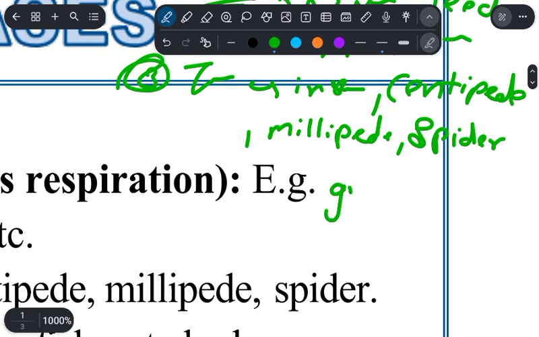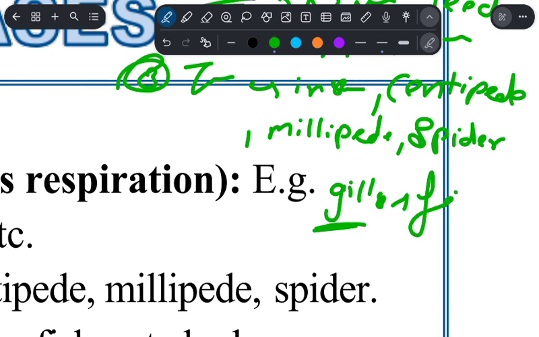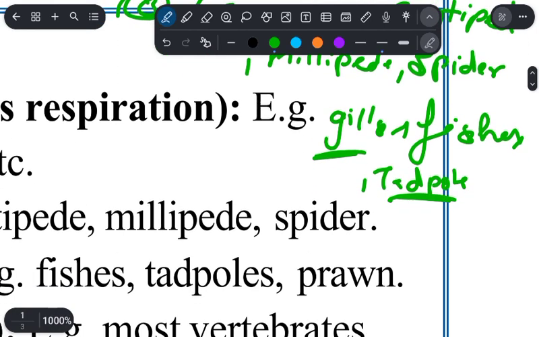Now we will go for gills. Gills: fishes, and then your tadpole, and what the last? Prawn.